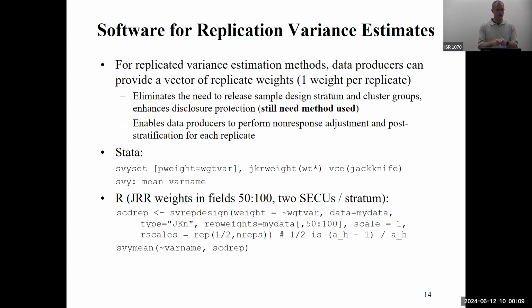There are procedures in the software that will create the replicate weights for you on the fly. Suppose I had my survey set in Stata with my cluster code, my pweight, and my stratum code, so it's going to default to linearization.